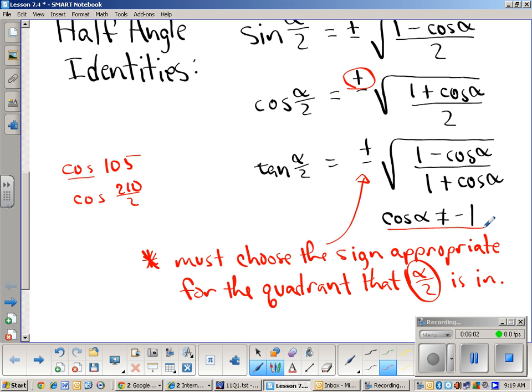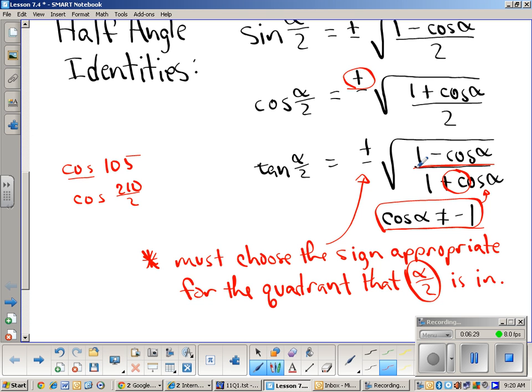So in other words, we cannot allow this to be 0, can we? What they're saying is that cosine of alpha cannot equal negative 1, because if it did, I'd have 1 plus negative 1 in the denominator of this identity, and that would be 0, and the denominator would be undefined.